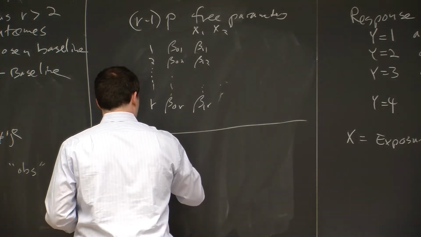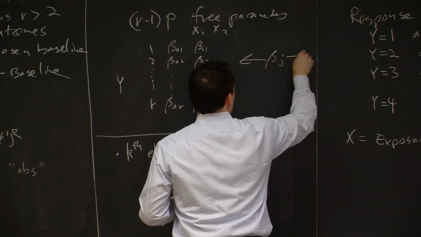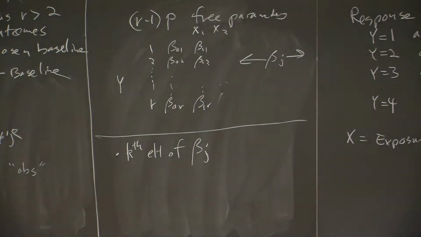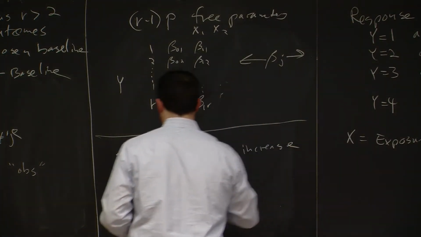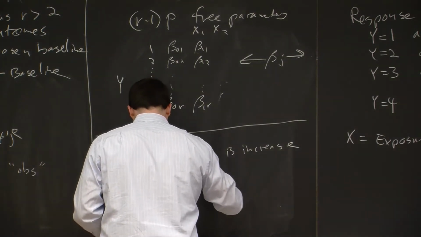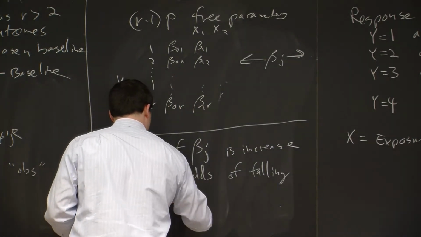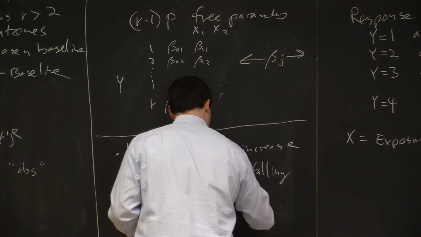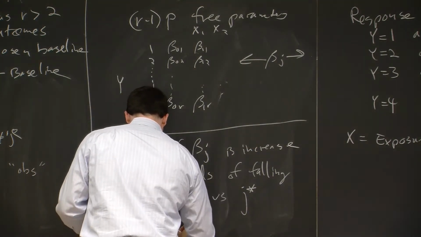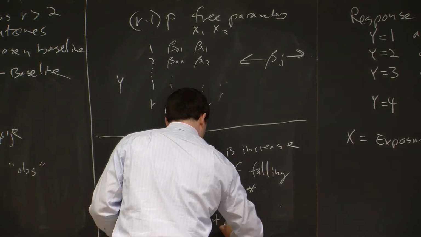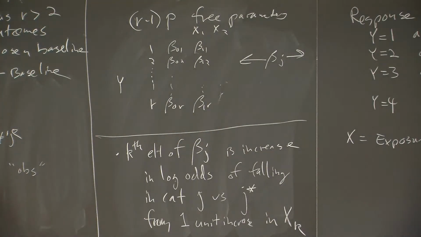The kth element of the vector b_j, which is the horizontal vector, because j could be baseline or something else, so that's one of the possible outcomes, is the increase in log odds of the outcome falling in category j versus the baseline category j star, resulting from a 1 unit increase in x_k, holding all the other variables constant.